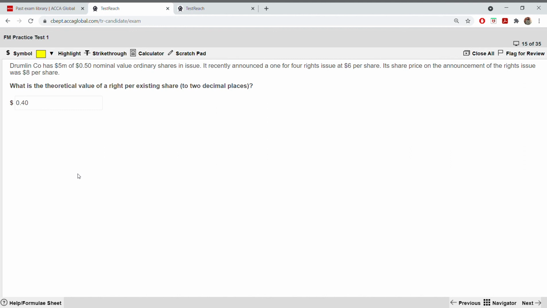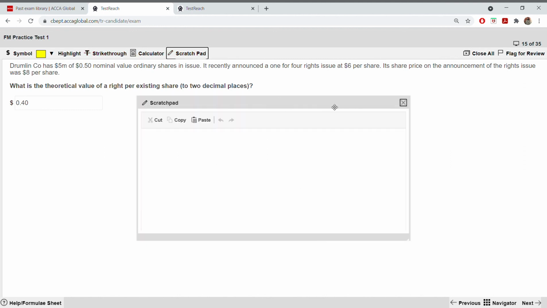Let me tell you what they have given. This is how they have written it: 5 into 8, in bracket, plus 1.25, because 5 over 5, so I will just put 5 divided by 4, multiplied by 6.